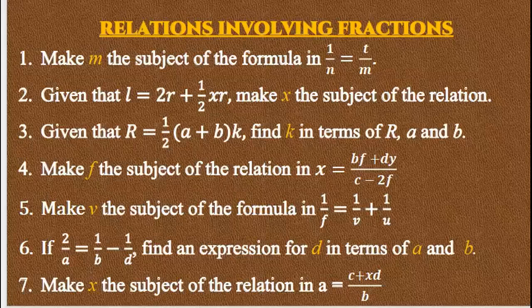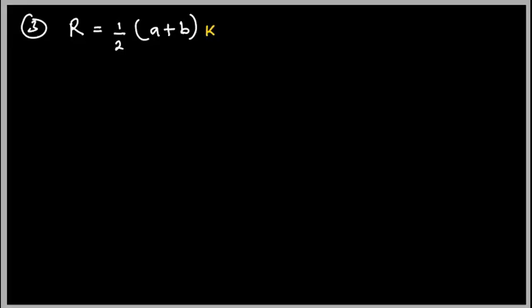Now, let's see the third question. Given that r is equals to half open bracket a plus b close bracket k, find k in terms of r, a, and b. So we have to find k here. And as you can see, our k is very unique there. There's no point trying to open the bracket, because the k we are looking for is not in the bracket.